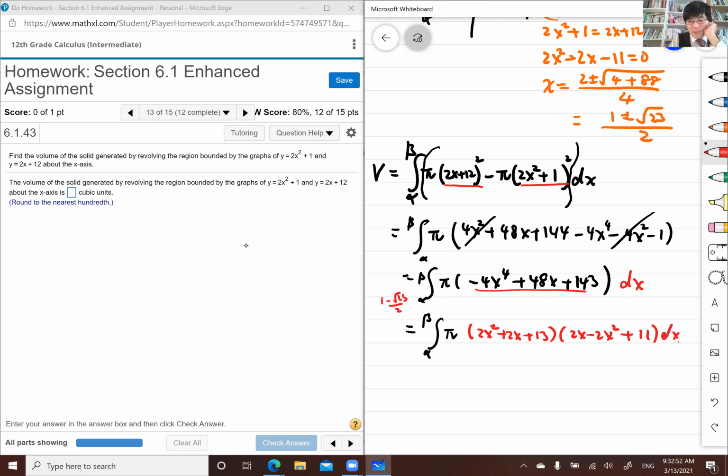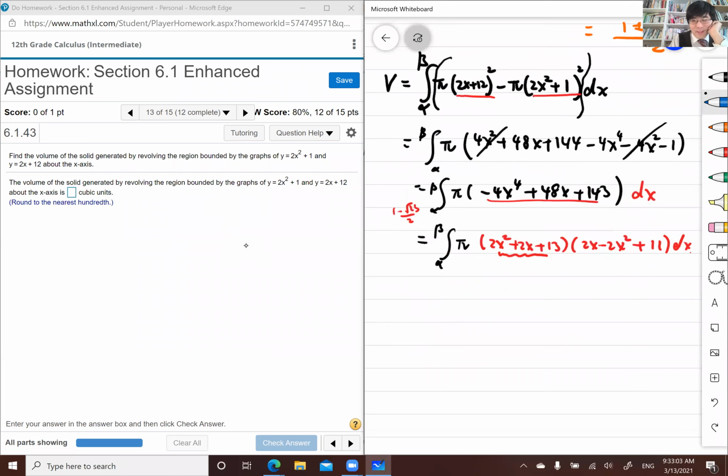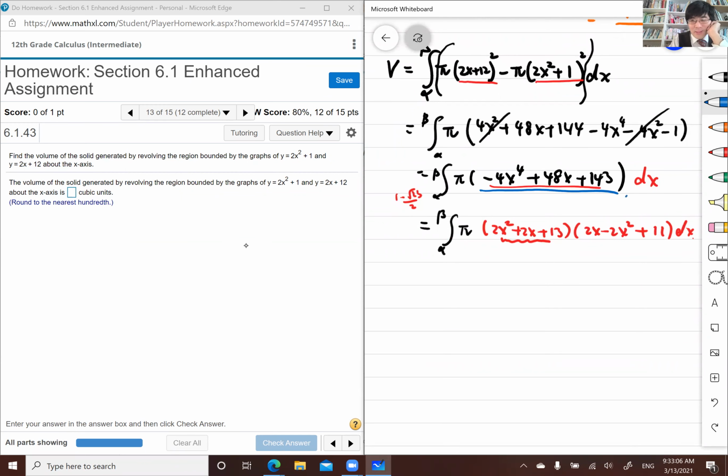Well, unfortunately, we cannot factor this one, so that doesn't give me anything nice. I guess I have to integrate this one by hand.